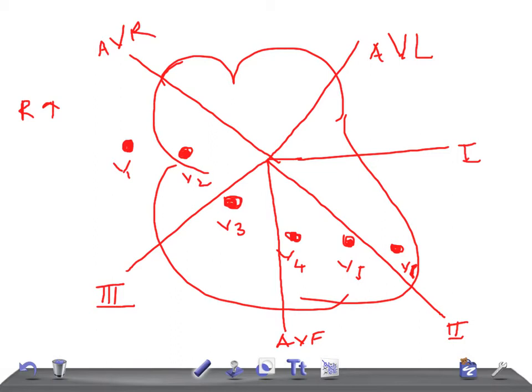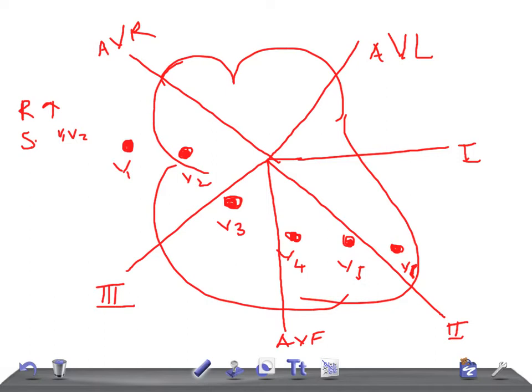But remember, the R wave is smaller than the S wave in leads V1 and V2, and the R wave is bigger than the S wave in leads V5 and V6.